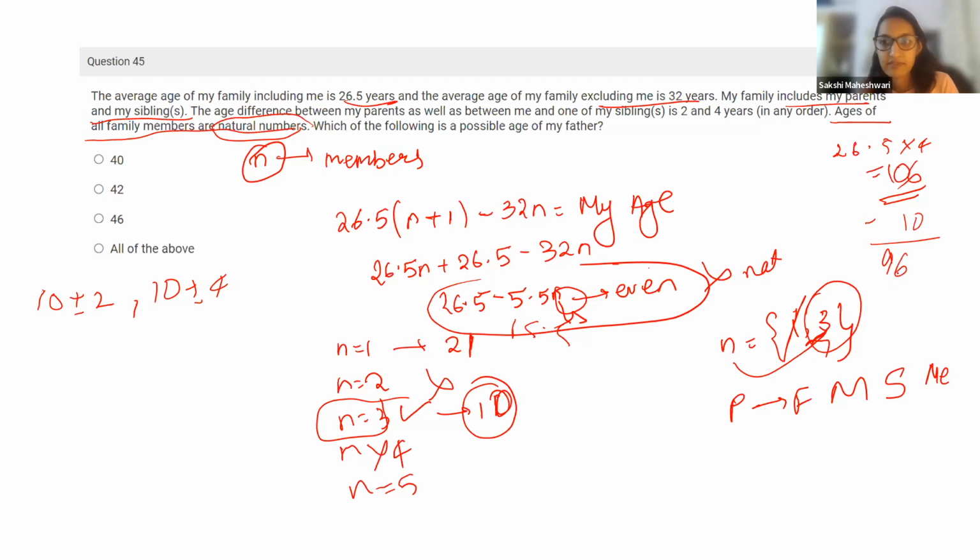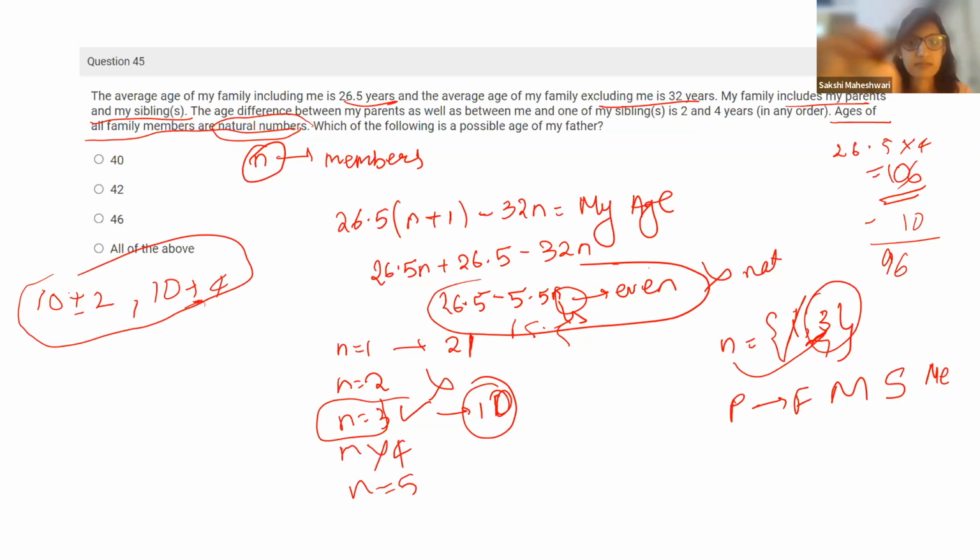There will be two numbers with a difference of 2 and 4, and one of my siblings can be 12, 14, 8, or maybe 8 or 12. These are the four cases you need to form.